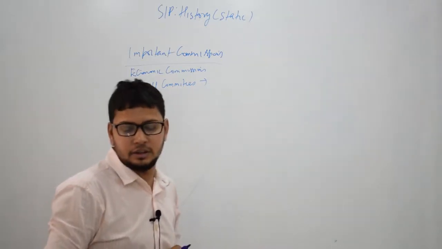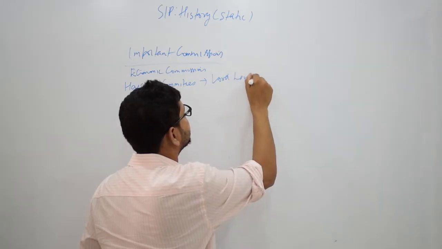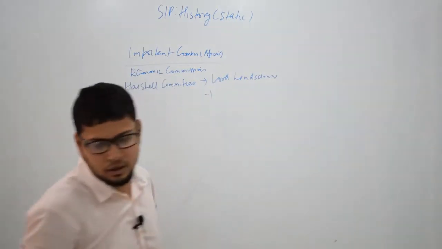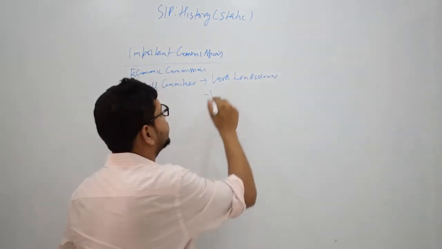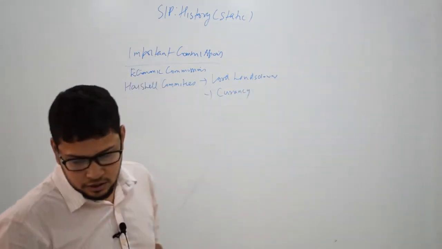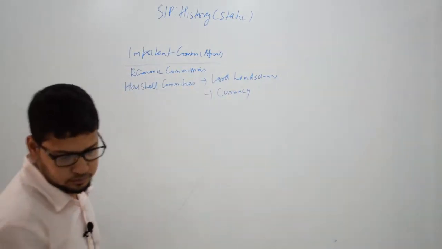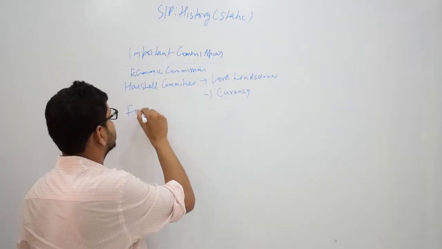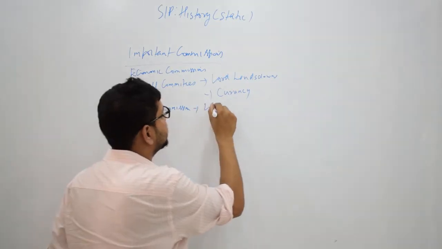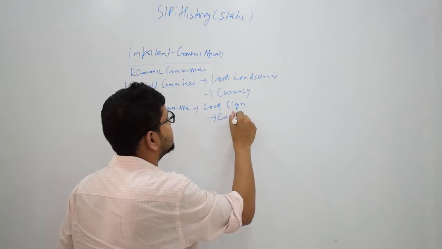This was established during the time of Lord Lansdowne, and the focus of the commission was with regard to currency. Next we have the Fowler Commission. It was also during the time of Lord Elgin, and the focus of the commission was on currency.